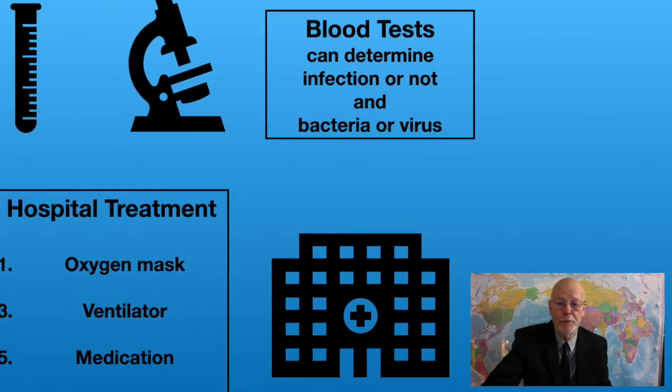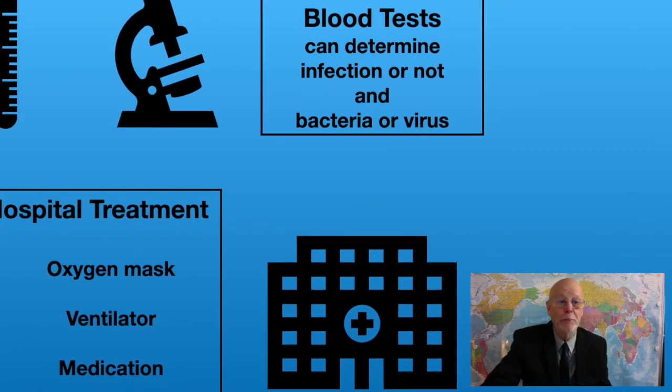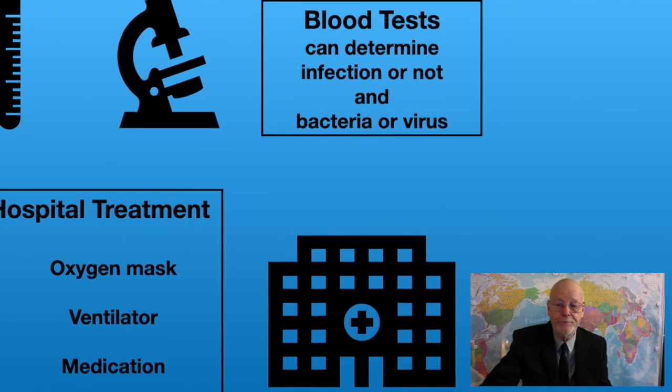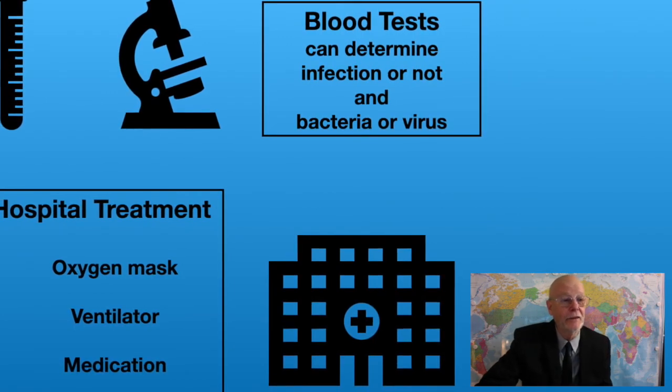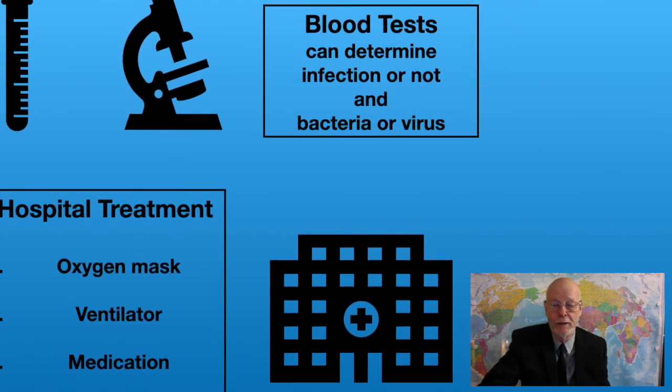And if there's still problems, or problems come later, then they may put you on a ventilator. Now, a ventilator is a mechanical air pump, and it will pump air into your lungs to overcome that obstruction as well.